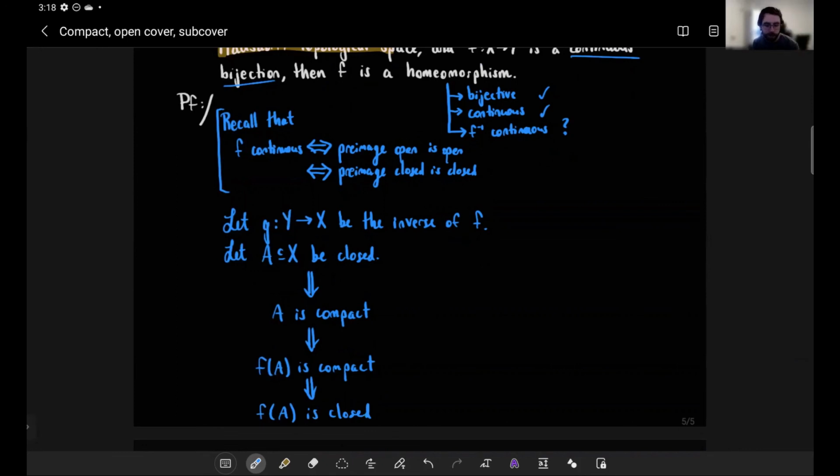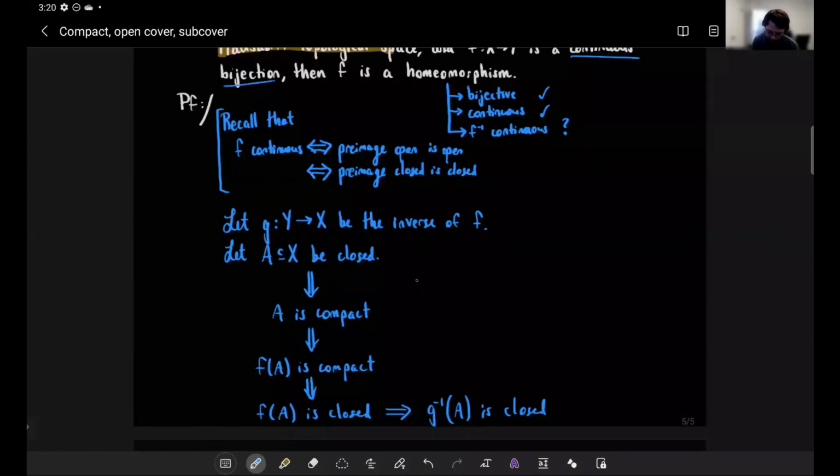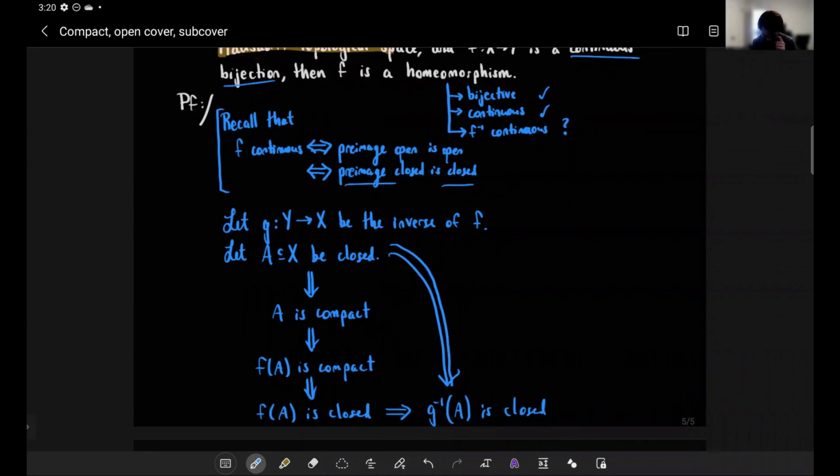I know that the preimage of A is closed. And that's exactly what we wanted. Took an arbitrary closed set, showed that its preimage was closed.